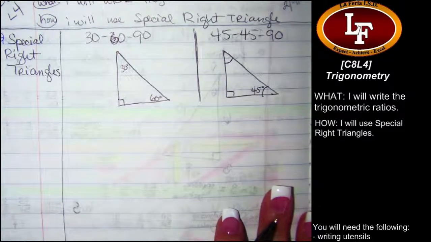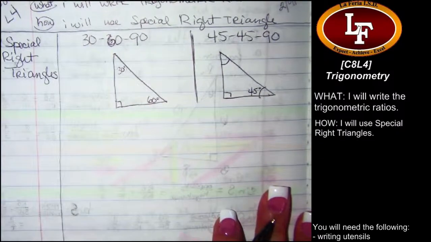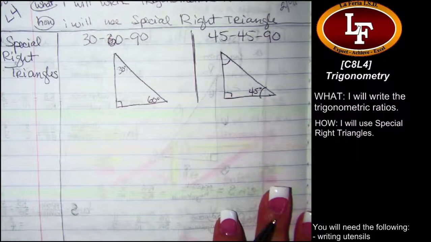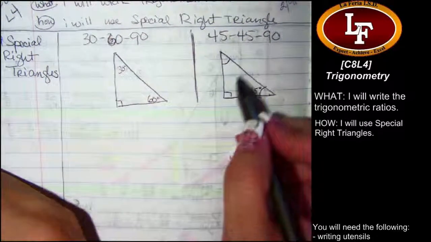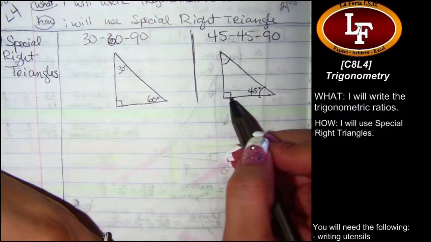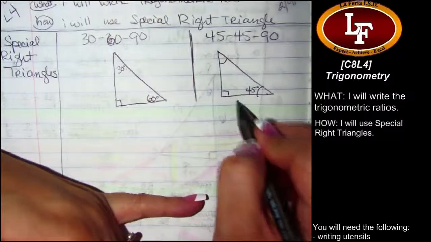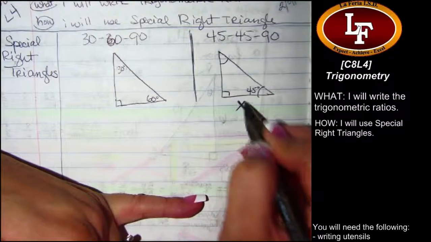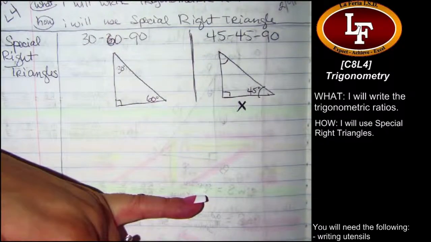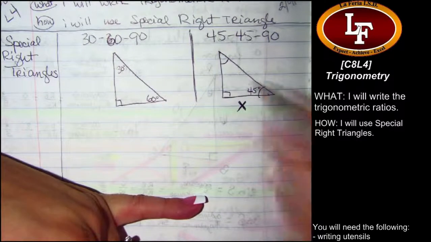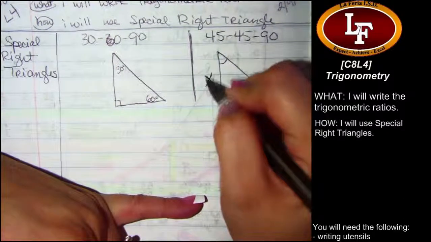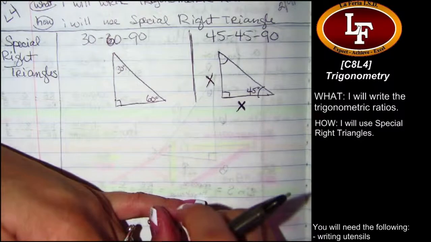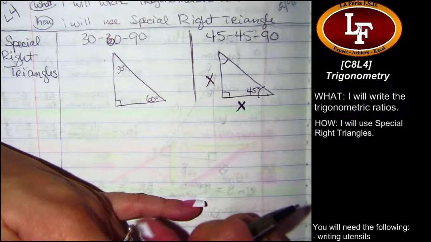All right, so looking back at these special little glyphs that we've been using, they showed up a few days ago. We're going to look at the 45, 45, 90 first. What this glyph has written and what it means is that whatever the measure of one of the legs is, both of those legs are going to have the same measure. And I'm going to use x because I don't really know what number I'm going to see there.